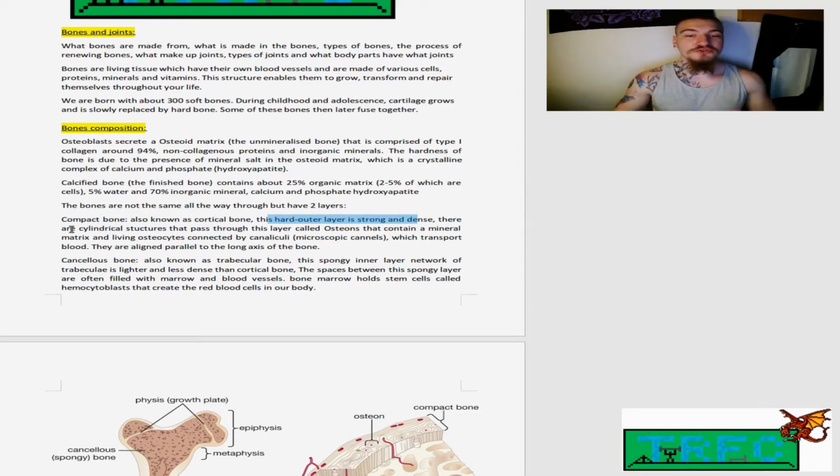There are cylindrical structures that pass through this layer called osteons that contain the mineral matrix and living osteocytes, which are connected by canaliculi. Quite a mouthful there. So basically these are just microscopic canals. Now their job is to transport blood, and they are aligned parallel along the axis of the bone, so they go straight through the bone like this.